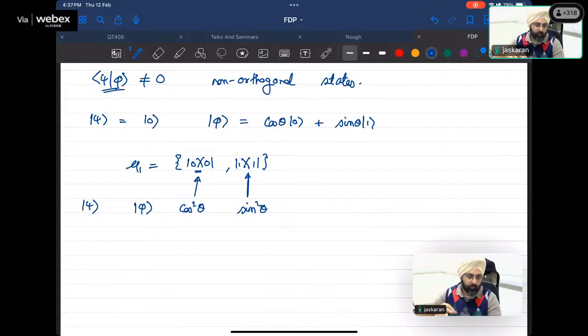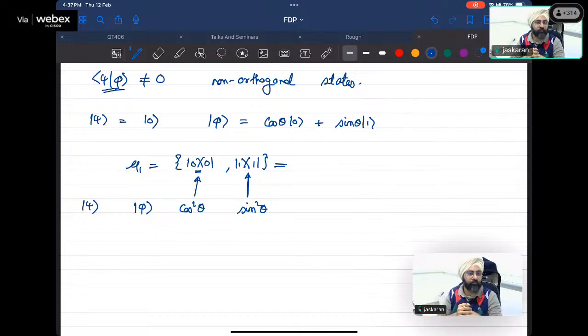Let us see what is happening from my perspective as an experimentalist. I implement the measurement corresponding to μ1 on some state which is not known to me. I don't know whether it is |ψ⟩ or |φ⟩. I implement the measurement and I get the outcome 0.